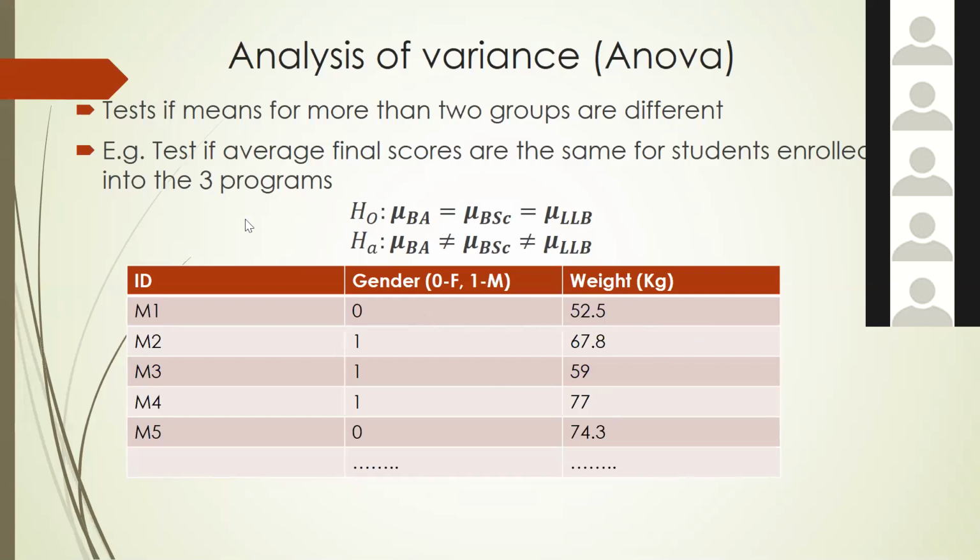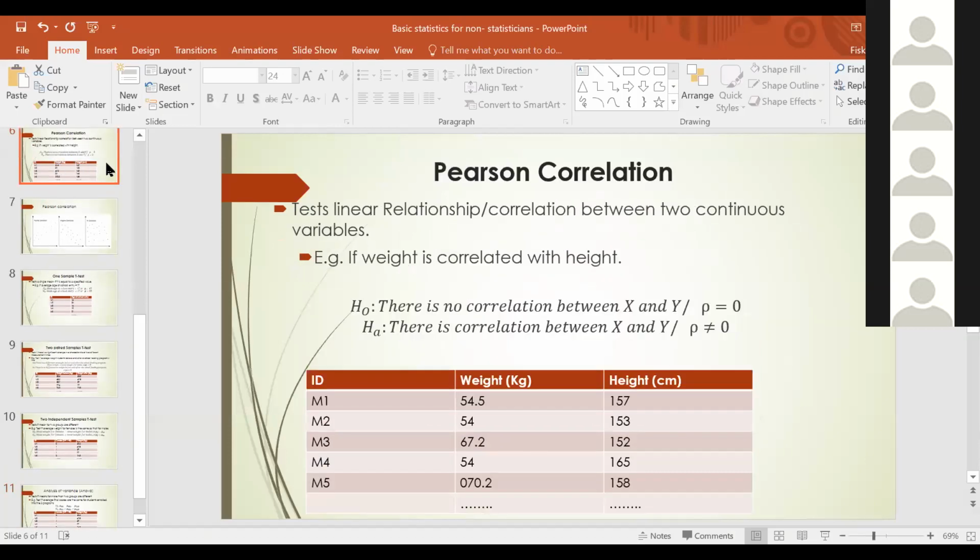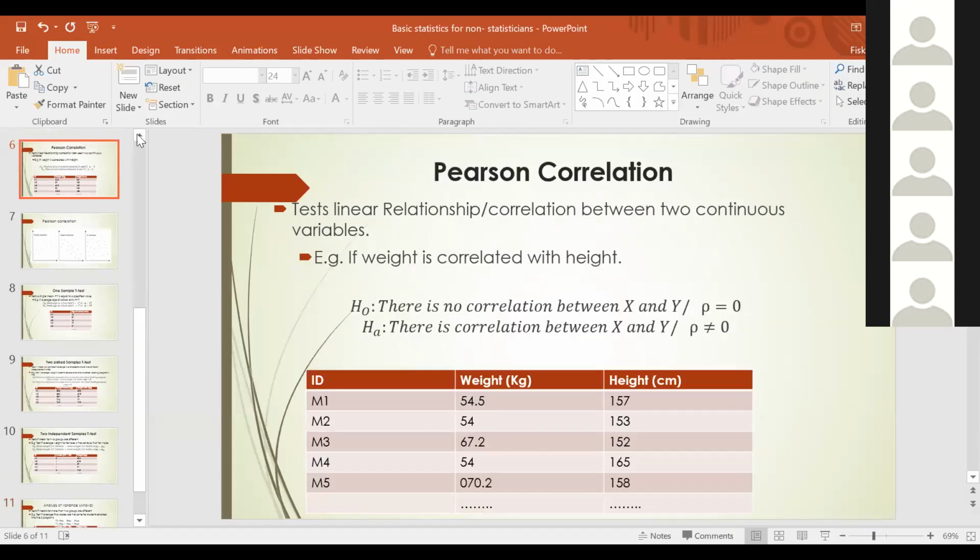But the table that you would actually have is the one that has a variable here, education program that a student is enrolled in. Okay. So we may just go back and use this one, this particular table.